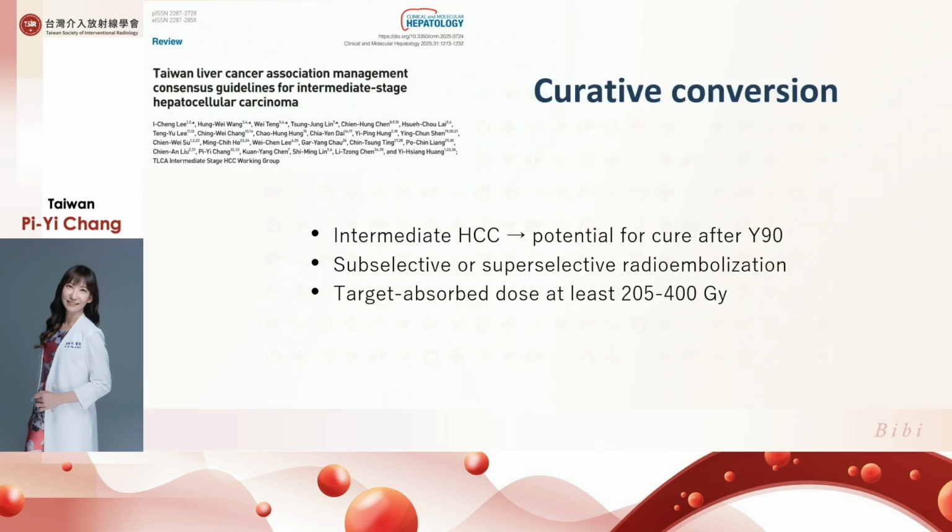The second role of Yttrium 90 is curative conversion. It means that sometimes we do Yttrium 90 for intermediate HCC for potential cure after the Yttrium 90 treatment. In this situation, we can do subselective or super-selective radioembolization, with a target absorbed dose of at least 200 to 400 gray.